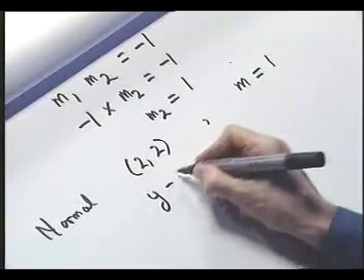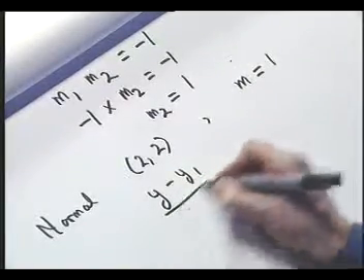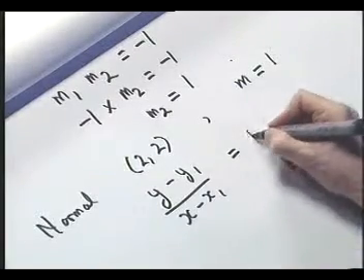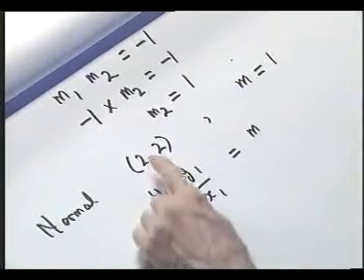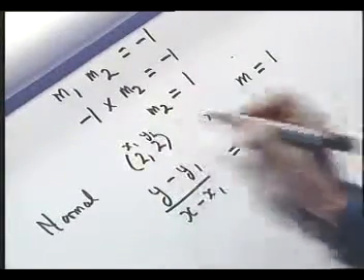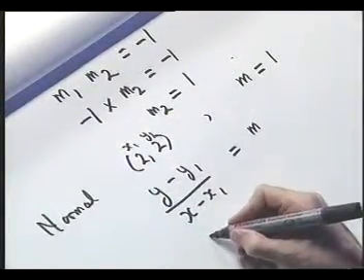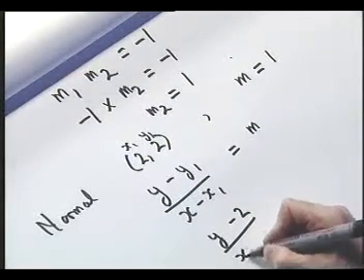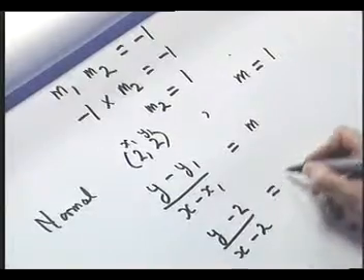So I can write down the standard equation of a straight line. y minus y1 over x minus x1 is equal to m. This is my x1, y1. And I can substitute those in, so I have y minus 2 over x minus 2 is equal to 1.